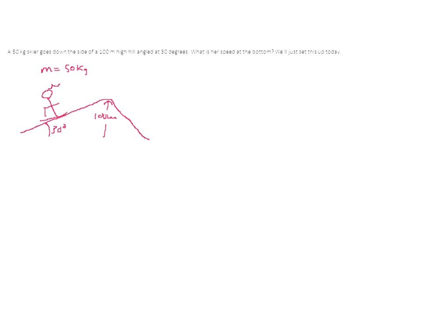So we know that at the top of the hill, y0 equals 100 meters, y equals 0, so at the bottom of the hill down here. We know that v at the top of the hill is equal to 0. We know v at the bottom of the hill is our target variable.